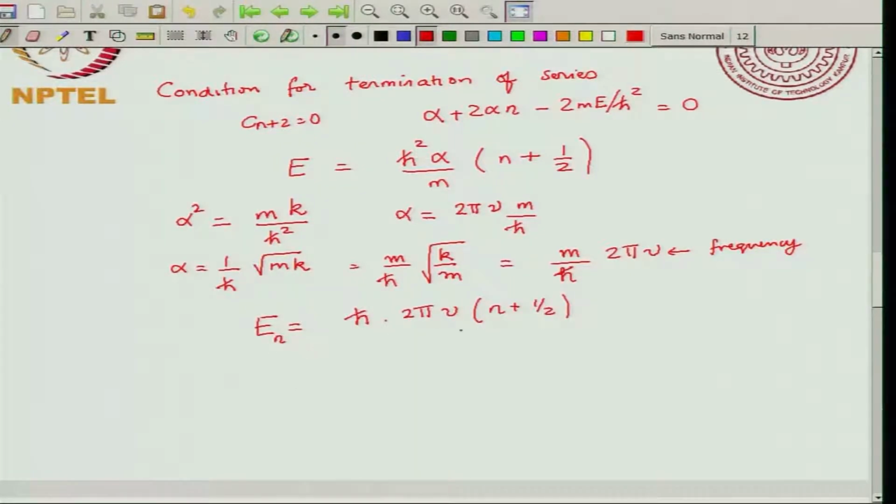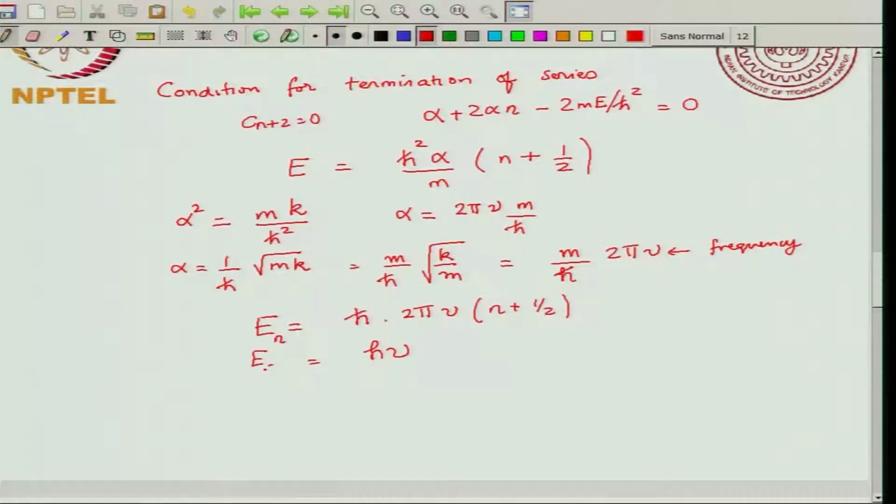So the energy corresponding to n, with h bar equal to h by 2 pi, I can write as Planck's constant times nu, a very typical energy expression.